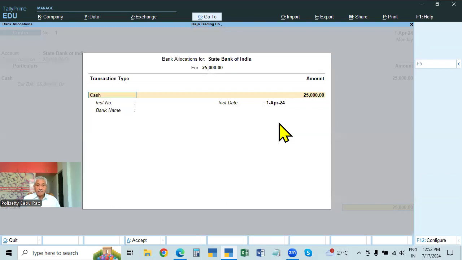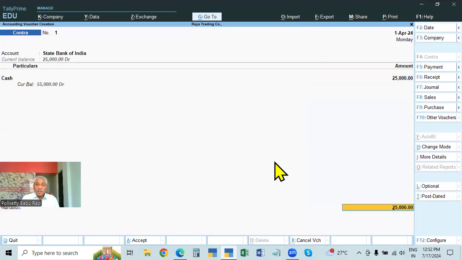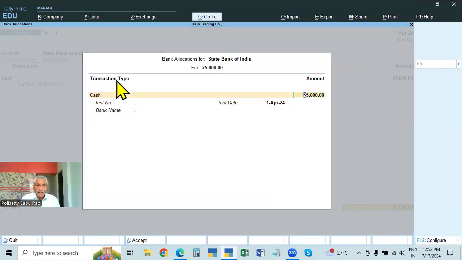In the case of a bank transaction, when you are depositing in the bank, you deposit cash. Then it will ask you the transaction type, cash, and it will ask you the denomination. In all other cases, depositing a check from others, or receiving a check from others, and withdrawing from the bank, we use a check. When you are depositing, you deposit cash.